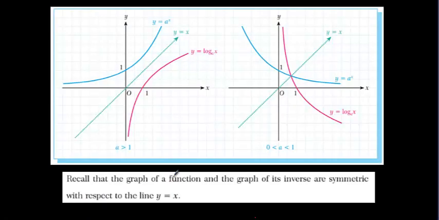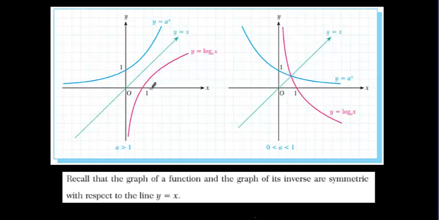Okay, here we have the graphs of the logarithmic function and its inverse function. As you see, the logarithmic function and the exponential function are symmetric to each other. If they are symmetric to each other, they are the inverse of each other.